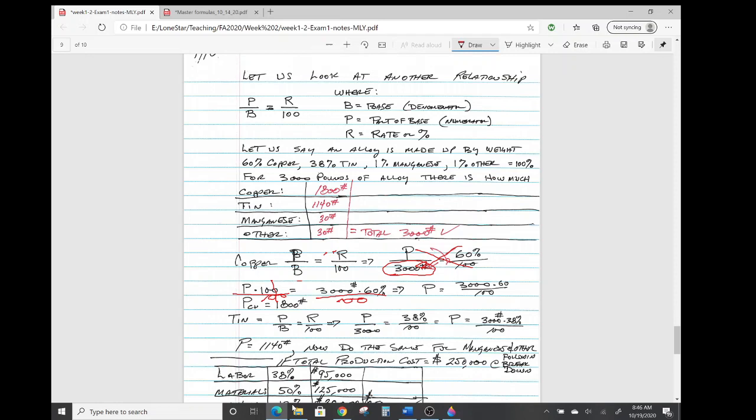Yeah? Now do it for tin, the same way. Tin's 38%, right? So it's 38 times 3,000, P times 100, divide the P by 100, divide the other side by 100, and you end up with this right here. So you do the math, and you end up with what? How much tin do you end up with? You end up with that much tin. Okay?